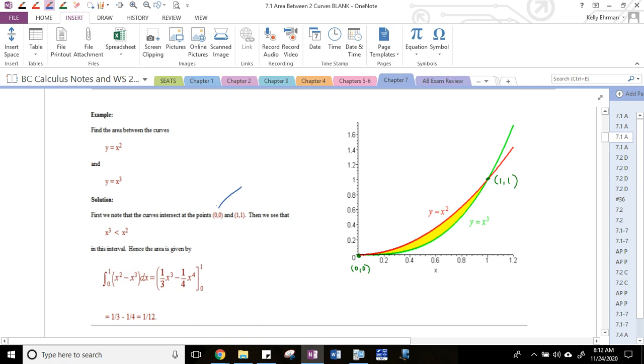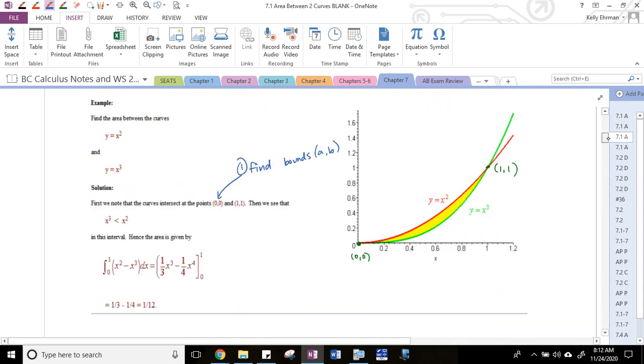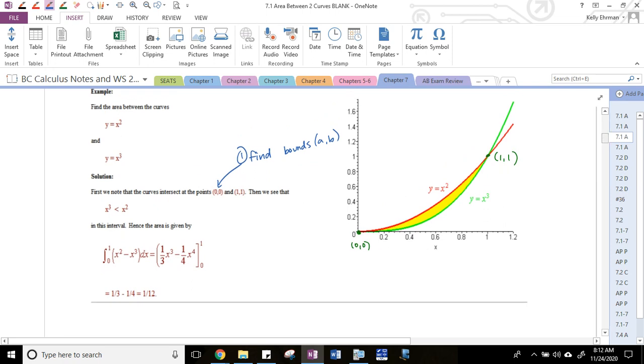So first of all, find the bounds, or find a and b, the lower and upper limits, the limits of integration. Then take a note that when you're looking at the graph, the x cubed graph is the bottom function and the x squared graph is the top function.